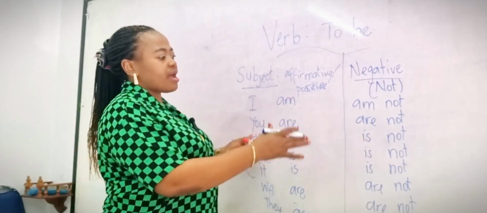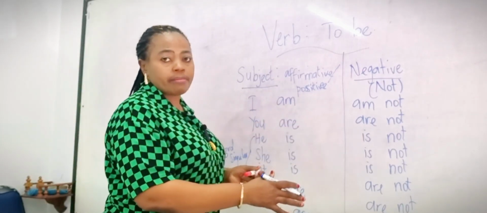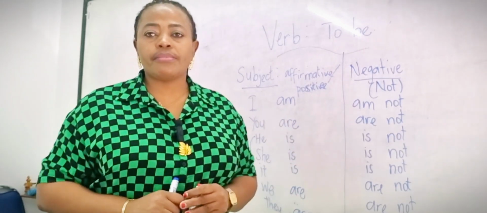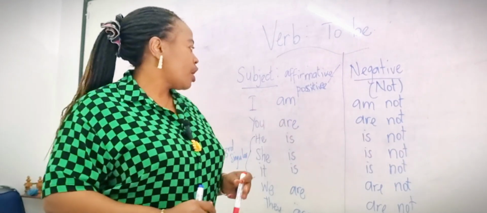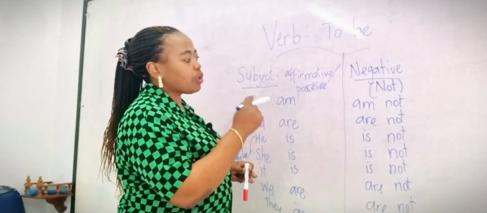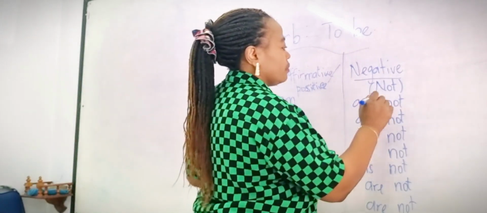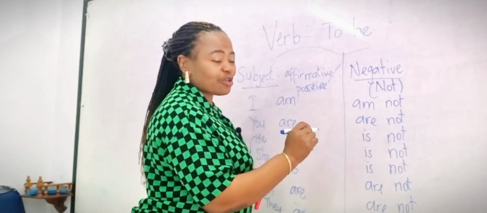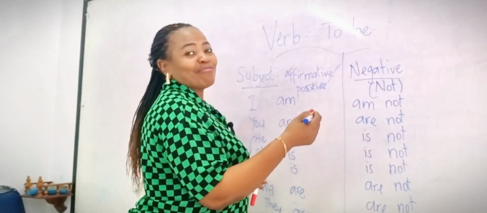Now, these are the long form, because we have the long form and the short form. I has no short form for I am not, so you cannot say I'm not.